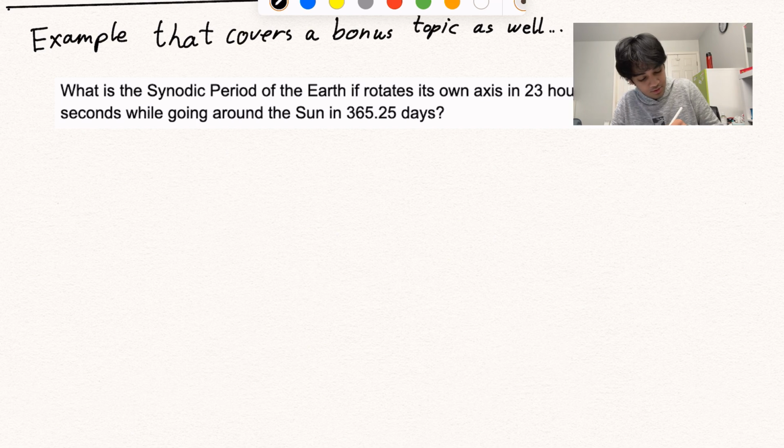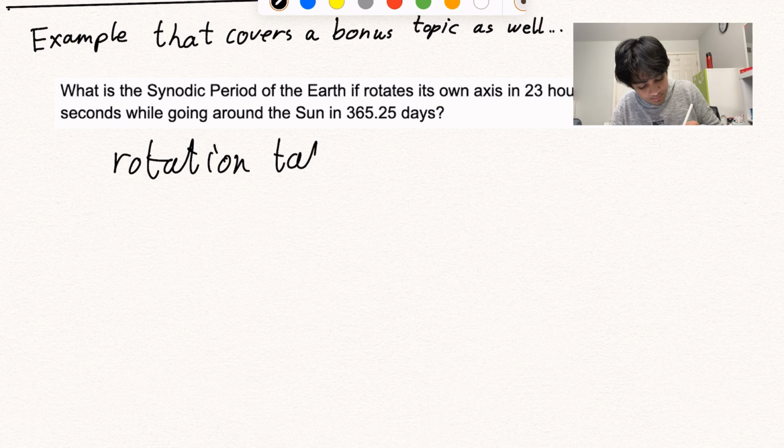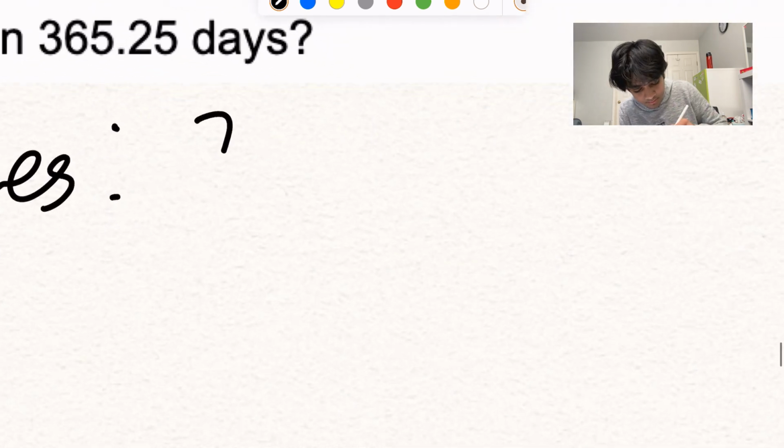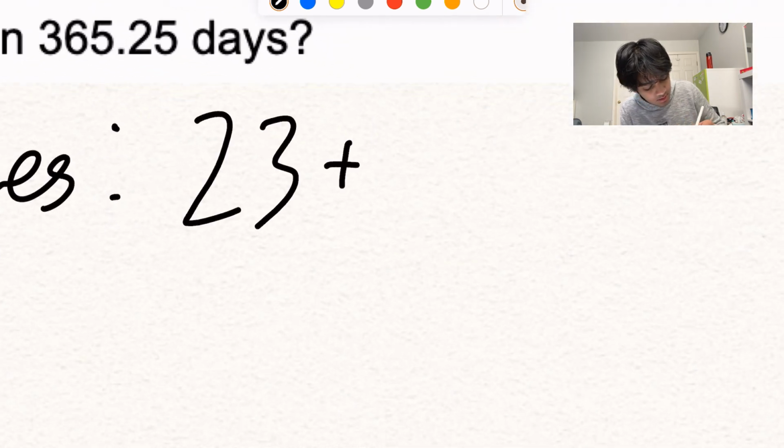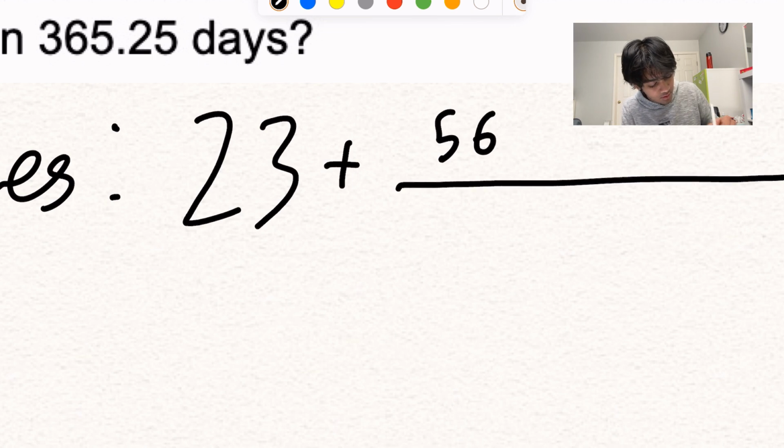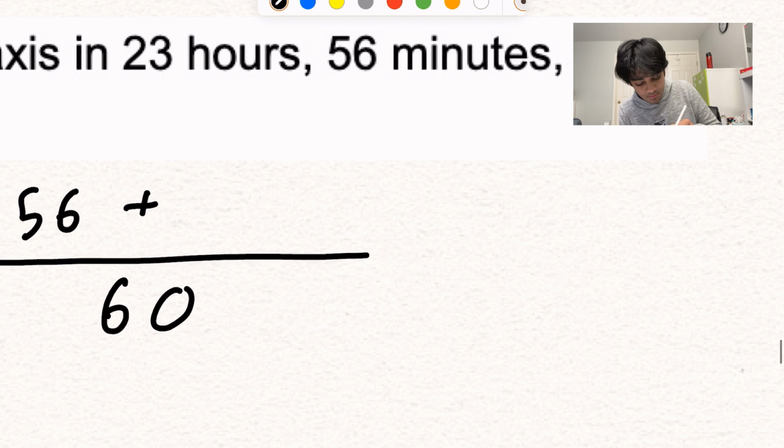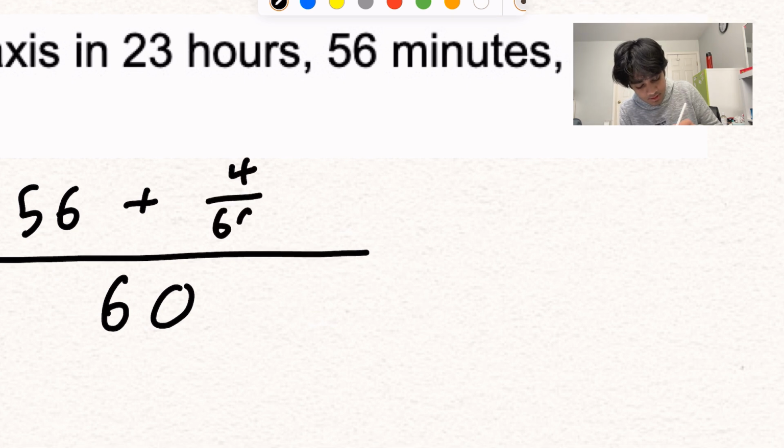How about that? So the 23 hours and 56 minutes, 4 seconds, we can say a rotation takes, and how would we calculate this? We can do 23 plus 56 over 60 plus 4 over 60.